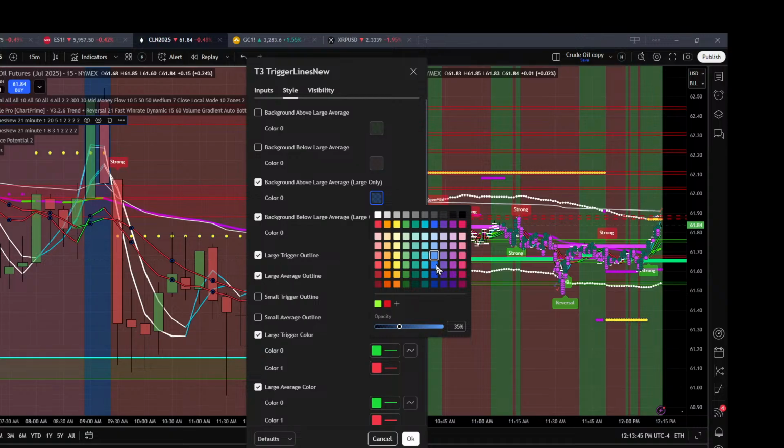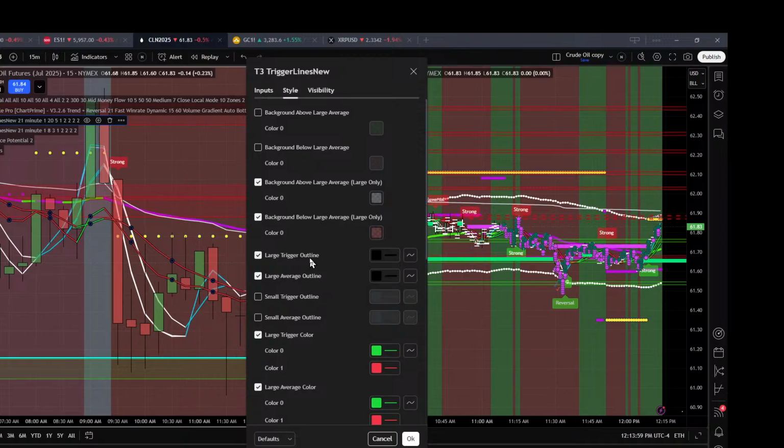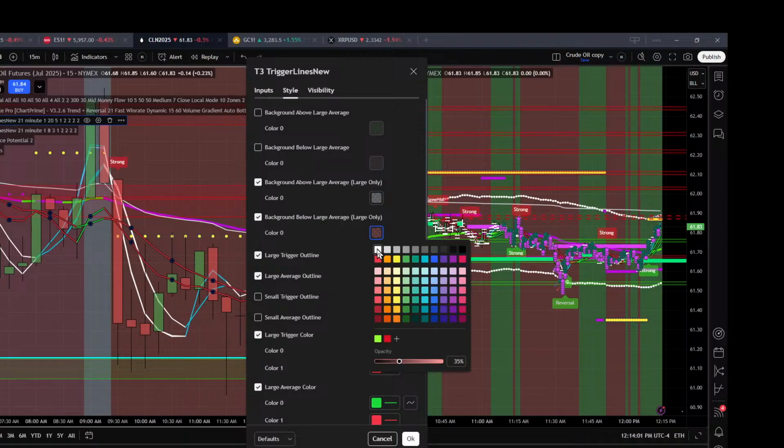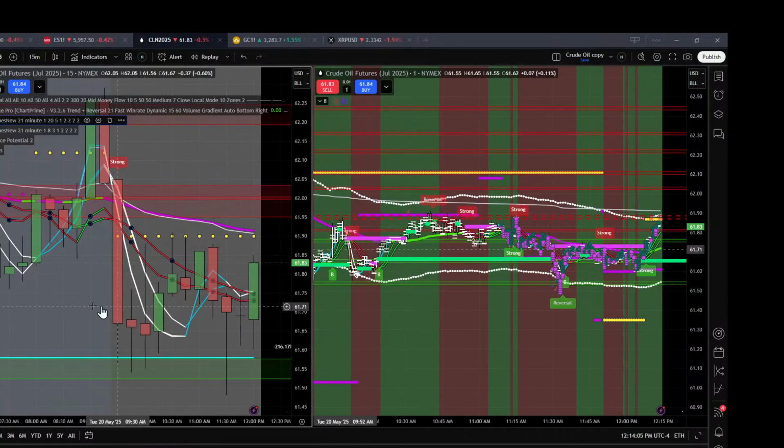Blue's pretty, right? Little hot pink going back to the 80s. So you can do whatever you want. You can make that any color that appeals to your eyes, or you could go through and make everything gray. And this is one of the things that I've done: I love that look because I know which side of my trigger's on. I love a gray chart.